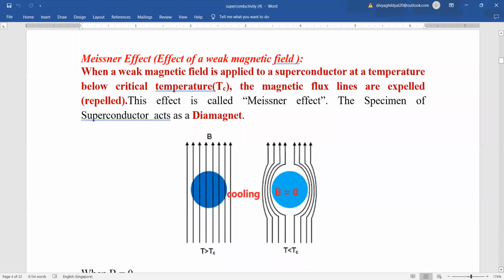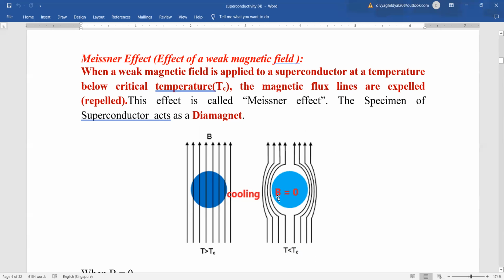Meissner effect: when a weak magnetic field is applied to a superconductor at a temperature below the critical temperature, the magnetic flux lines are expelled, and this effect is called the Meissner effect.